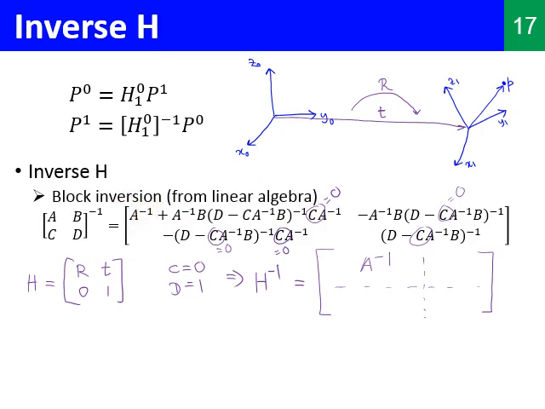Here this is 0 and this is 1, so this whole term would be 1, and 1 inverse is again 1. So we have minus A inverse times B. Next, here this is 0, therefore this whole thing would be 0. Finally, this is 0, so we have a 1 here, and 1 inverse is 1.